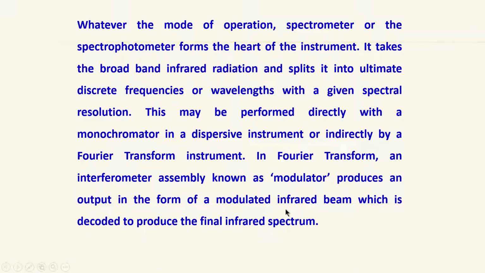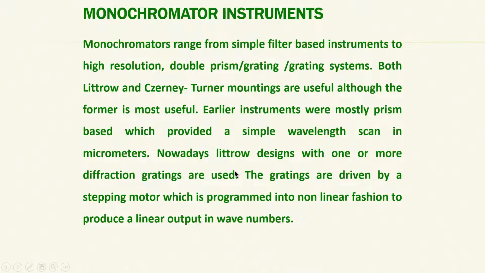And then I had shown you this slide. I had given you an introduction to the Fourier transform instrument, and shown you a couple of pictures of the Fourier transform, and then prism and grating systems.